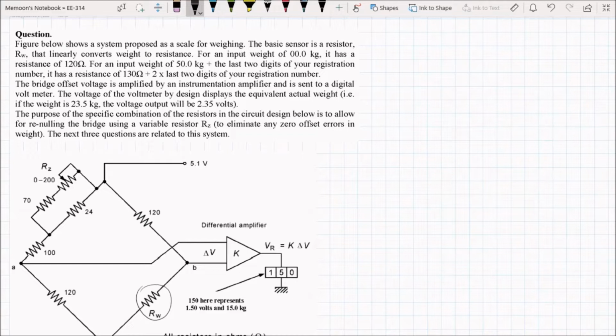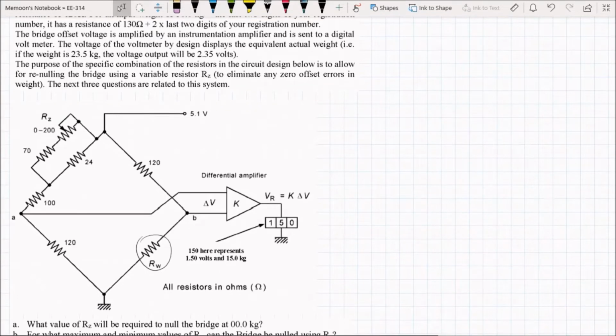Let me revise it. This circuit here has been given to you as a design, so you just have to analyze it and find the values of some missing resistances like Rz and K to get a voltage output of the desired level. So this is a weighing machine circuit. Here is your voltage display, output display, and this display gives you the value of weight that was put on this sensor.